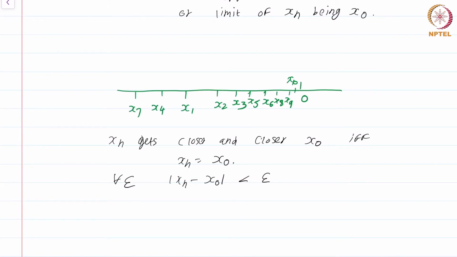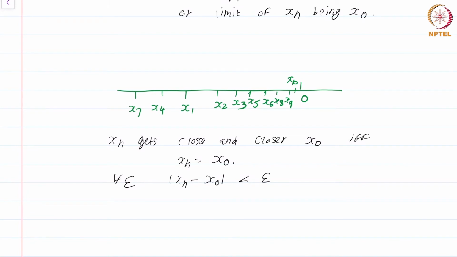That means, suppose I give you a ruler whose least count is 1 millimeter, and you are able to say, well, x1 may not be 1 millimeter away from x0, x2 may not be, but I guarantee that from x100 onwards, x100 minus x0 is less than 1 millimeter.